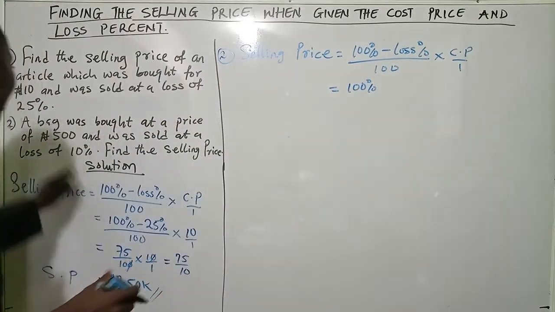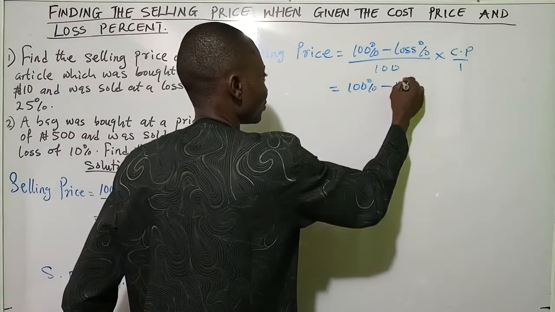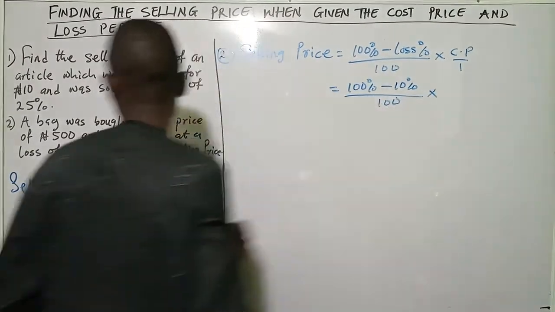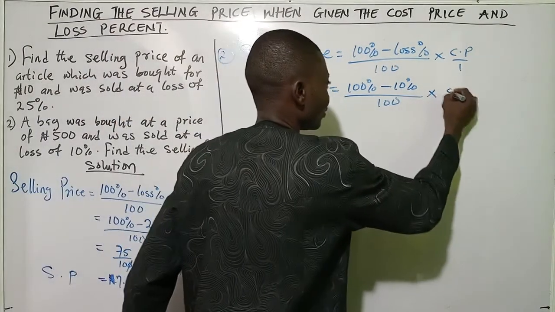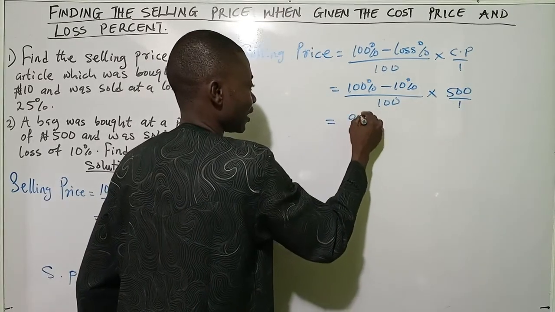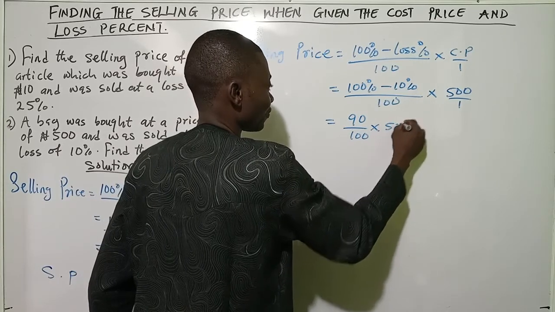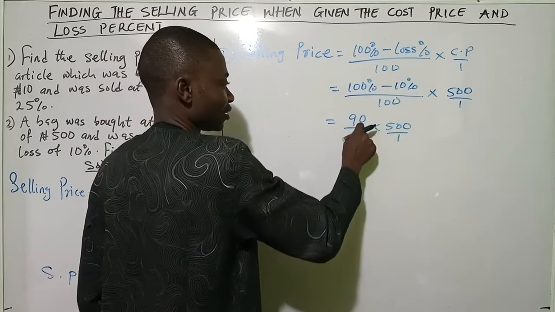Now in the question, the loss is 10%. So that is 100% minus 10% over 100 times the cost price, which is 500 naira, 500 over 1. So this is 90 over 100 times 500 over 1. 100 minus 10 is 90.